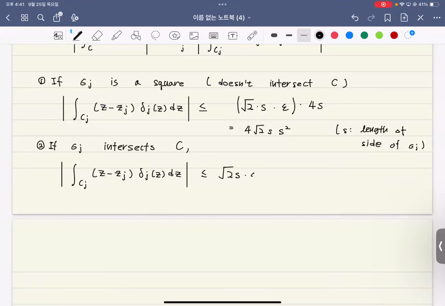But the problem is the length of this curve. So, what is the length?